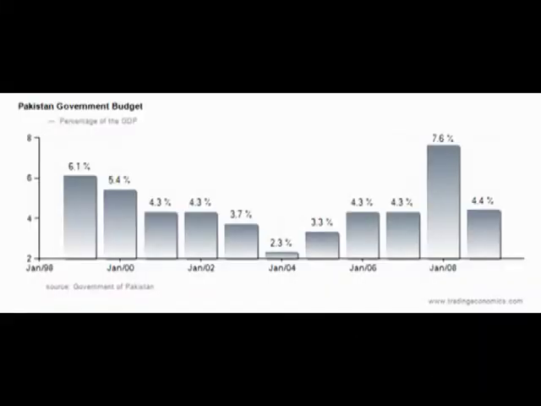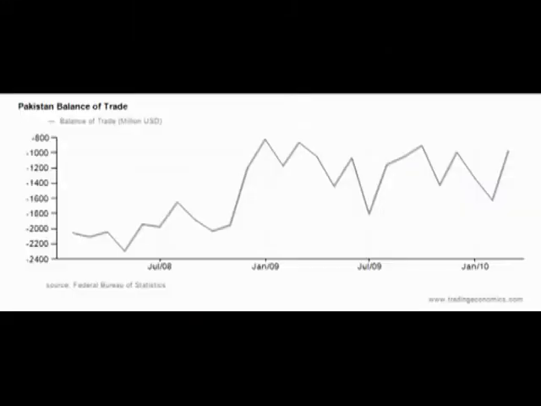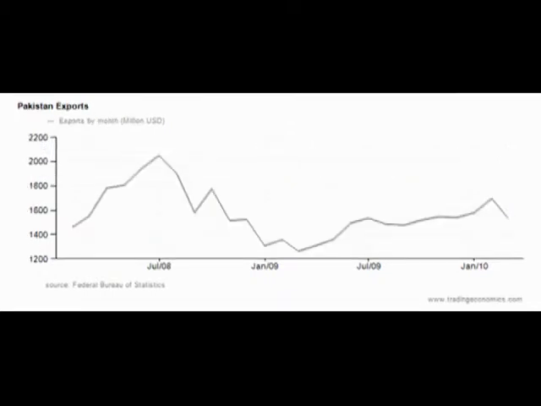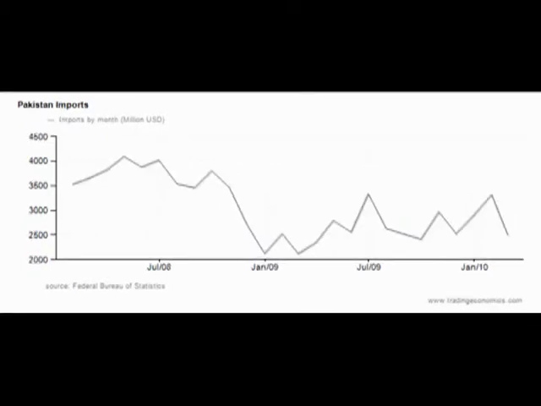Pakistan had a government budget surplus in 2008 equivalent to about 4.40% of the GDP. Balance of trade. Pakistan reported a trade deficit of $964 million in February 2010. Pakistan's exports were 1,539 million US dollars, while imports were 2,504 million US dollars.